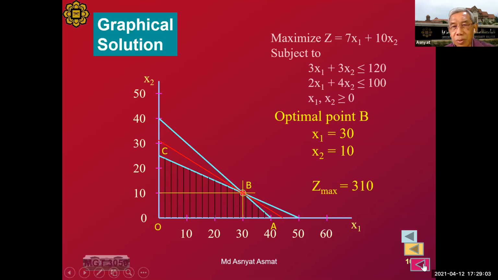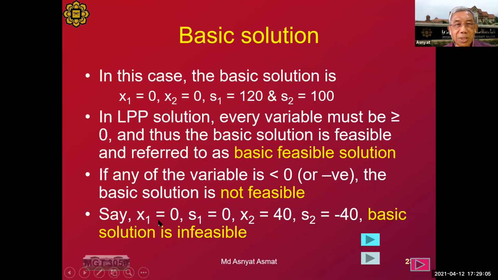Okay, let's move on to this statement. Let's say we set any two of the variables to 0, in this case x1 equal to 0 and S1 equal to 0. Then if we solve, we get x2 equal to 40 and S2 equal to negative 40.